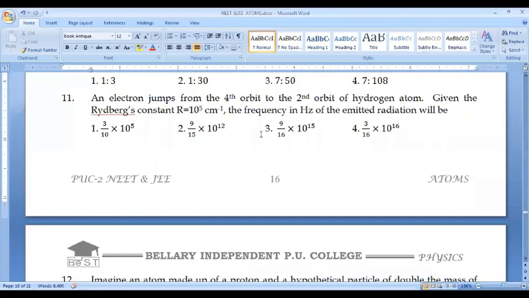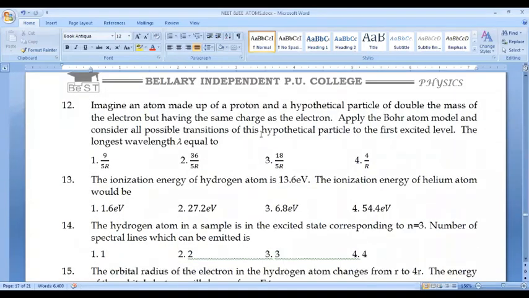Now we'll go for the 12th question. Question number 12, note down the question.